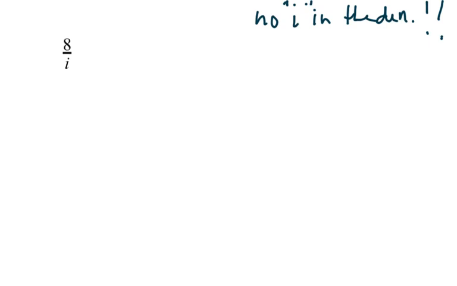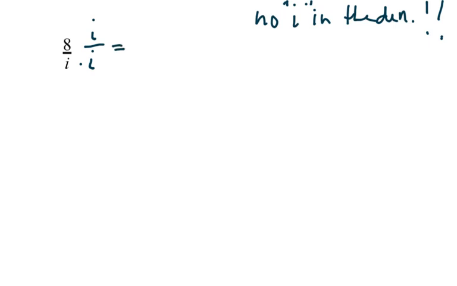So in order to get rid of this i, here's our idea. What about if we multiply that i on the bottom by i, and that means we multiply the top by i, because anything over itself is 1, and multiplying by 1 doesn't change anything. So we're multiplying this fraction by 1, but we're calling it i over i.